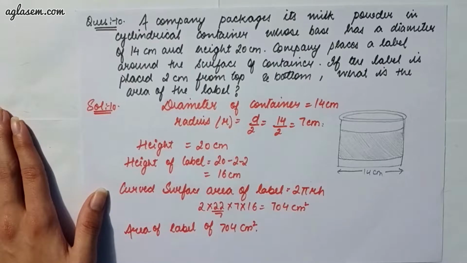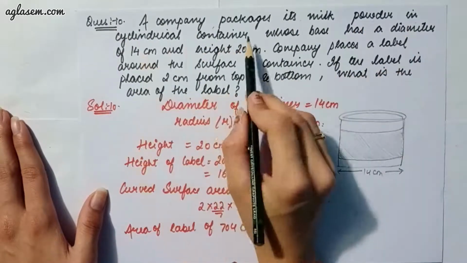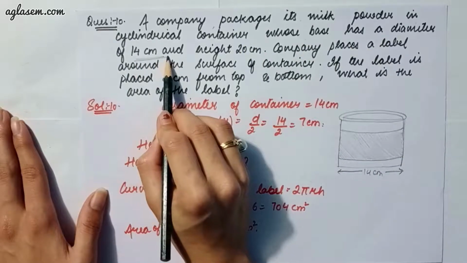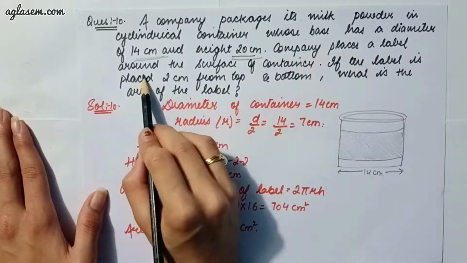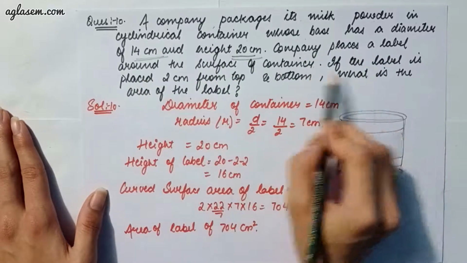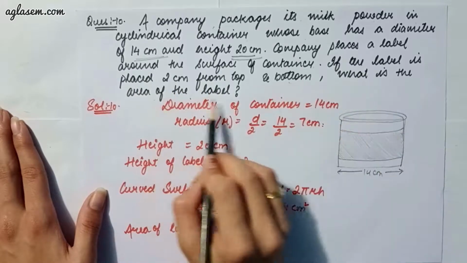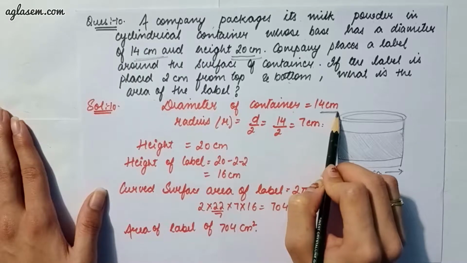Moving to our 10th and last question, which says a company packaged its milk powder in a cylindrical container whose base has a diameter of 14 centimeter and height 20 centimeter. The company places a label around the surface of the container. If the label is placed 2 centimeter from the top and bottom, what is the area of the label? So the diameter of the container is given to us, that is 14 centimeter.